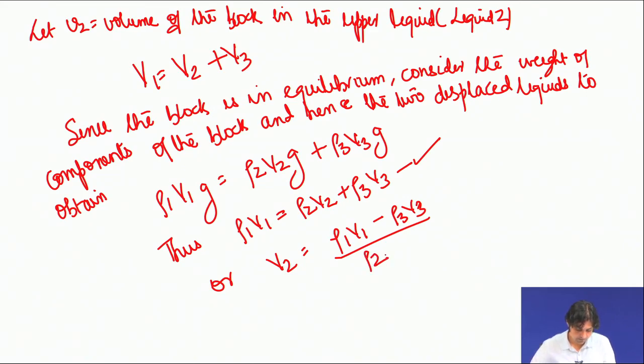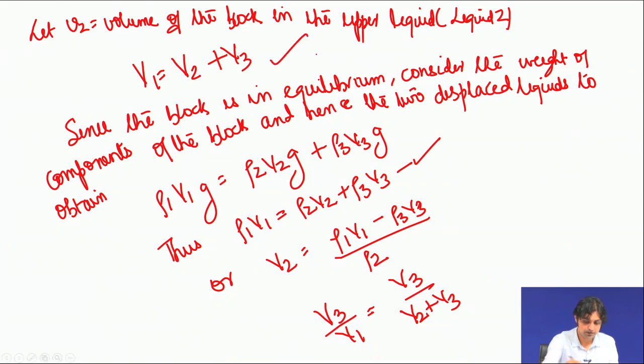Okay. Or V3 by V1, on the other hand, can be written as V3 divided by V2 plus V3.